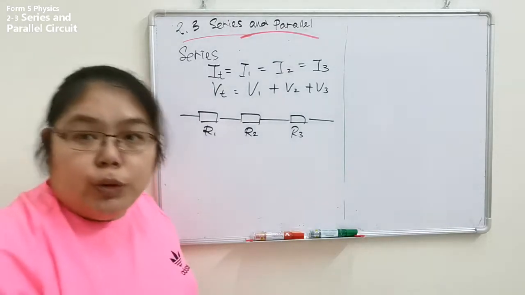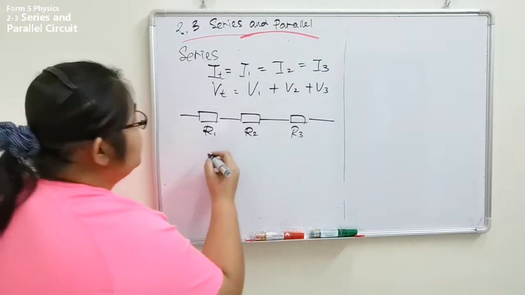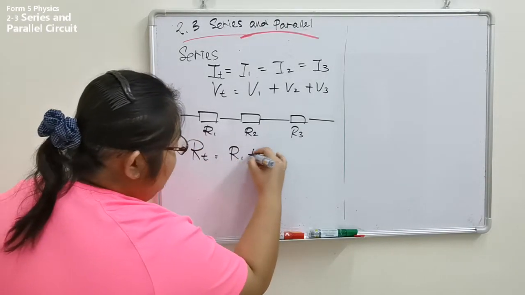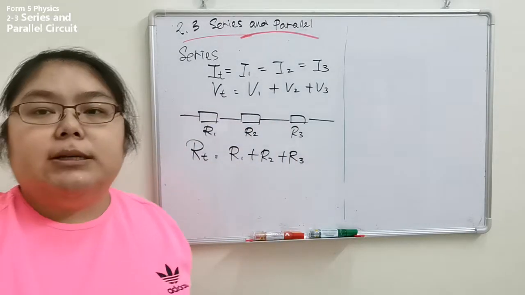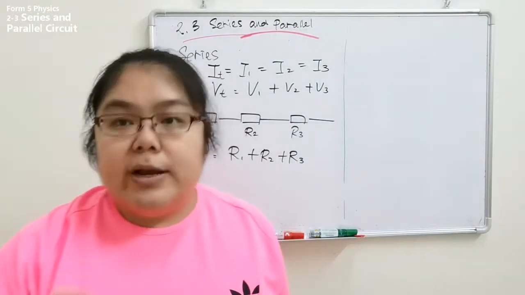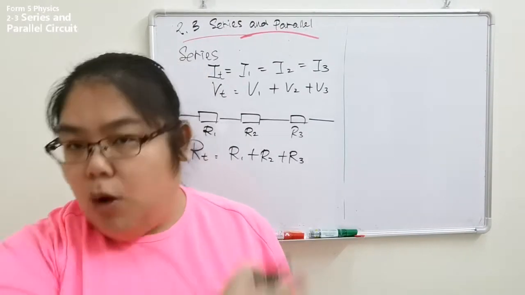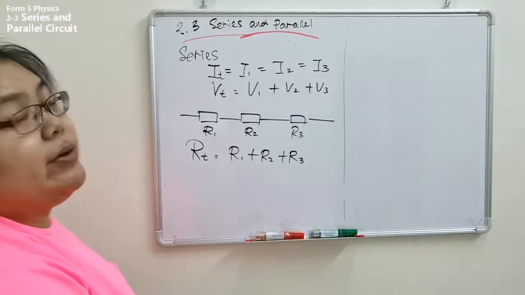How to find the total resistance? Total resistance for the series is easier, just plus. Total resistance equals R1 plus R2 plus R3. Sometimes in the question they don't say total resistance, they say effective resistance. Effective means overall resistance. Okay, this one is a series circuit.